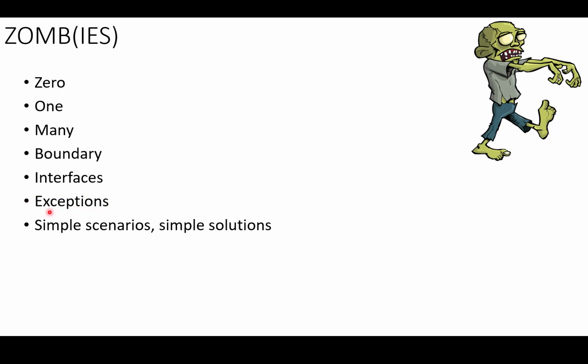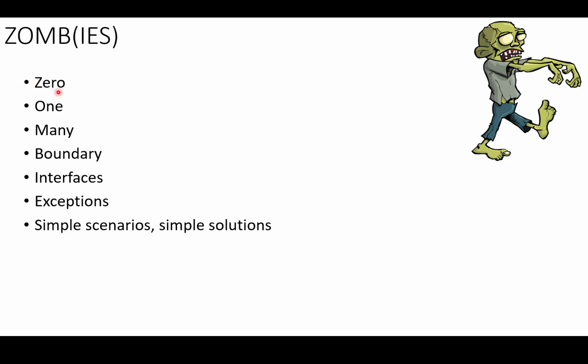This here is sometimes mentioned as exercise exceptions. Again, we might consider it just, we want to check our exceptions. Are they thrown as we expected to? And then this one here is relevant. We want to set up simple scenarios, because that provides us with simple solutions. So this is a guideline, a rule of thumb when we write our unit testing.